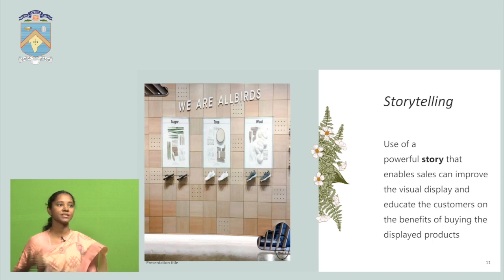So if we see there, we are all birds. So it conveys a message why we have to take this product. So storytelling is also one of the effective elements in visual merchandising.